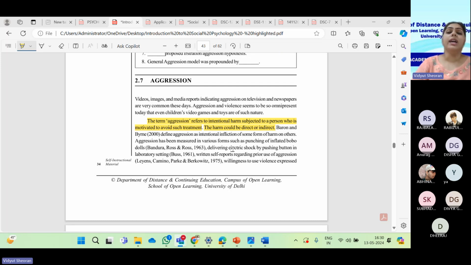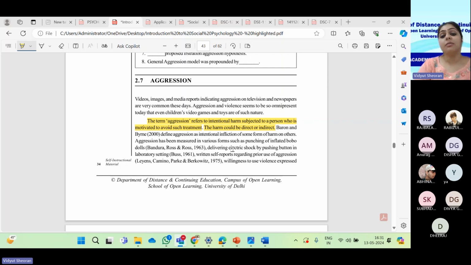So aggression can be measured in various forms such as punching of inflated bobo doll. इतना गुस्सा आ रहा है कि bobo doll को फाड़ दिया. You have punched that inflated bobo doll. Delivering electric shock by pushing button in the laboratory setting. You are trying to give electric shock to another person.